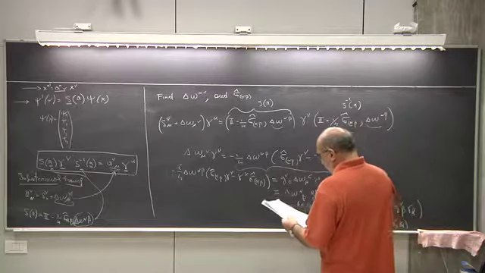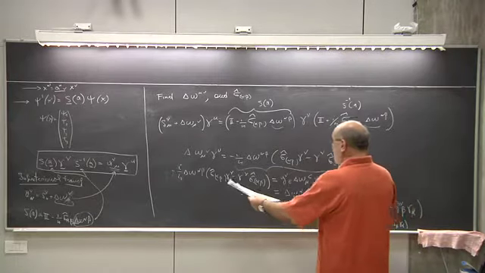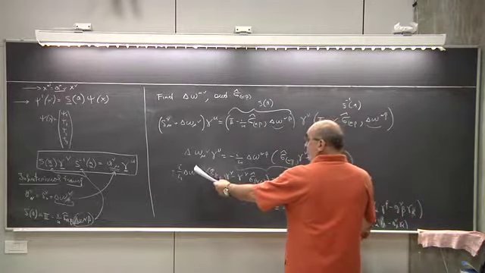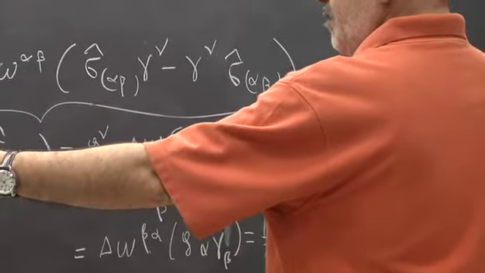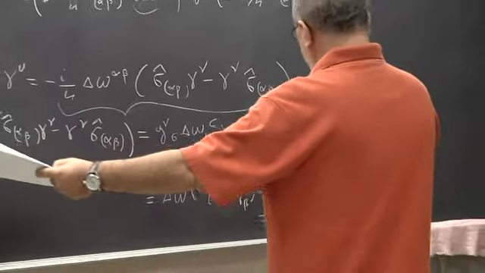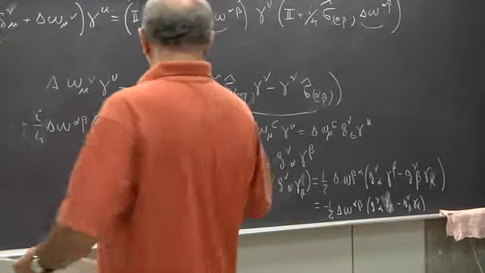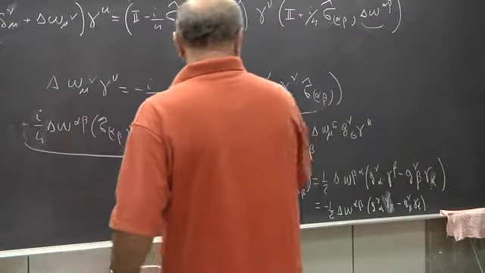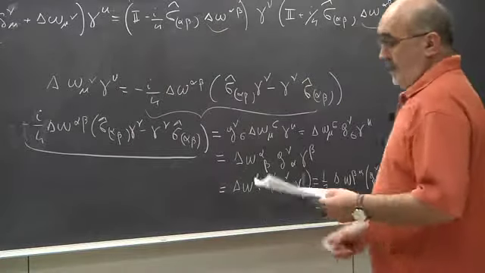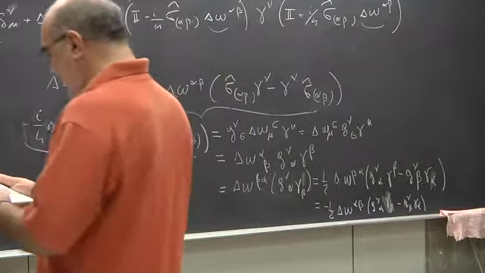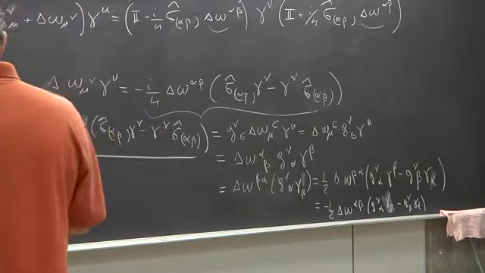Okay. Now if we compare the two, we have the same factor, omega and omega. Here we have 1/4, here we have 1/2. So let's compare this term with this term, and what we get is the following.